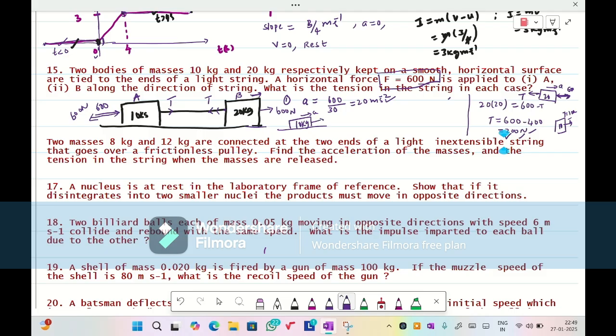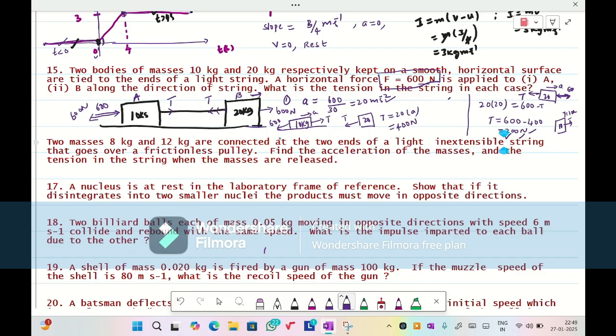Tension is always pulling and there is a pushed 600 newtons pulling in the direction. And in this case, on the 20 kg there is no force acting except T, that is equal to 20A. Here T is equal to 20 into A, that is equal to 400 newtons. So this T also has to come as 400.